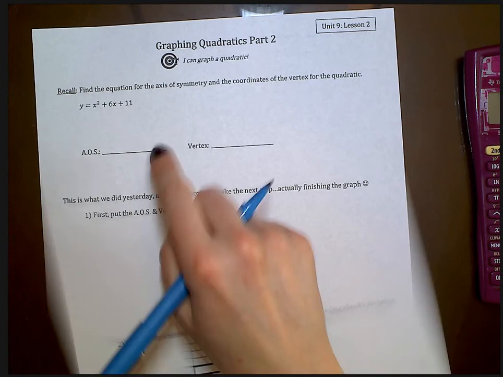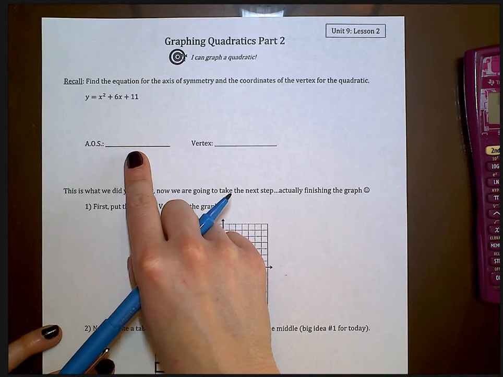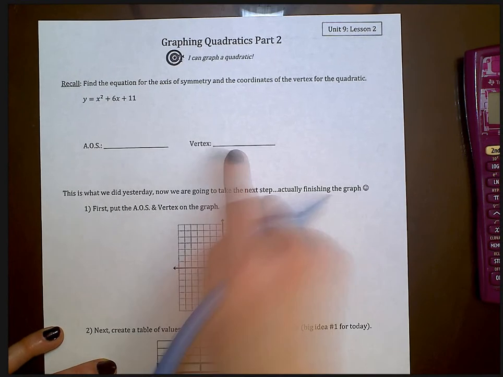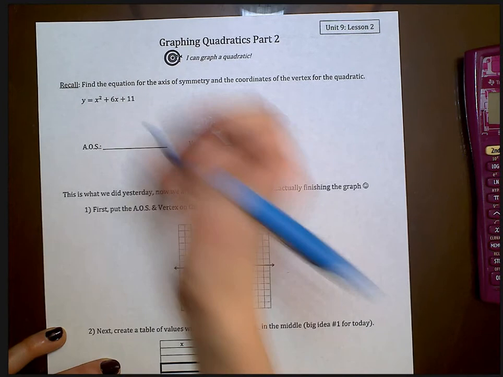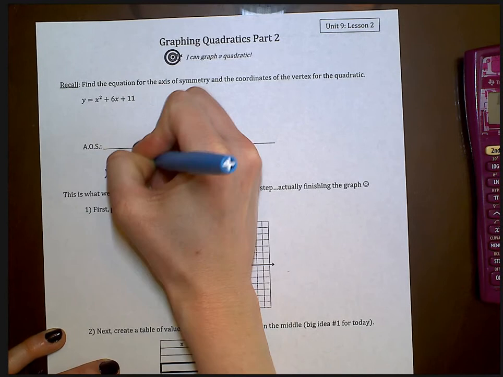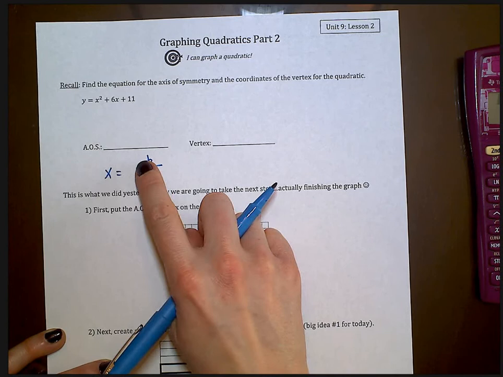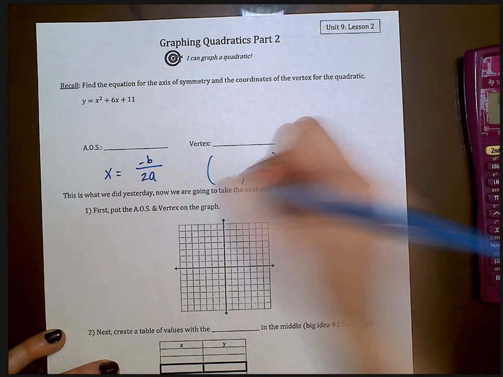Last time we looked at a quadratic, we found the equation for the axis of symmetry and the coordinates of the vertex. Let's remind ourselves how we did that. Okay, axis of symmetry, that's a formula. Remember, it's x equals, because it's a vertical line, and it's the opposite of b over 2a. The vertex is an ordered pair.